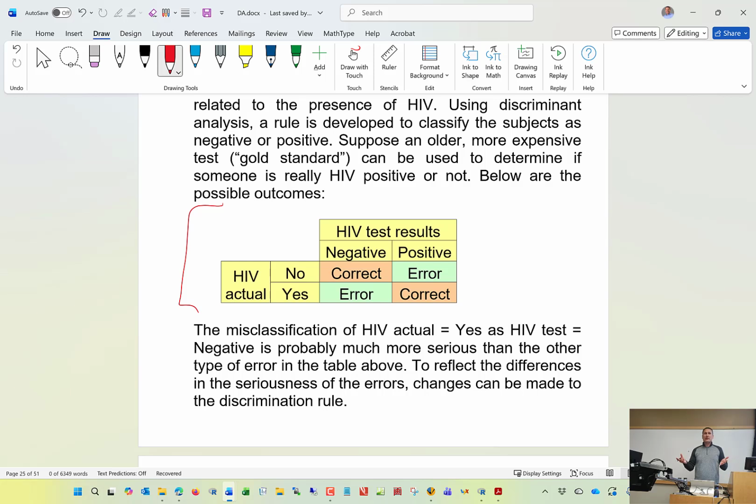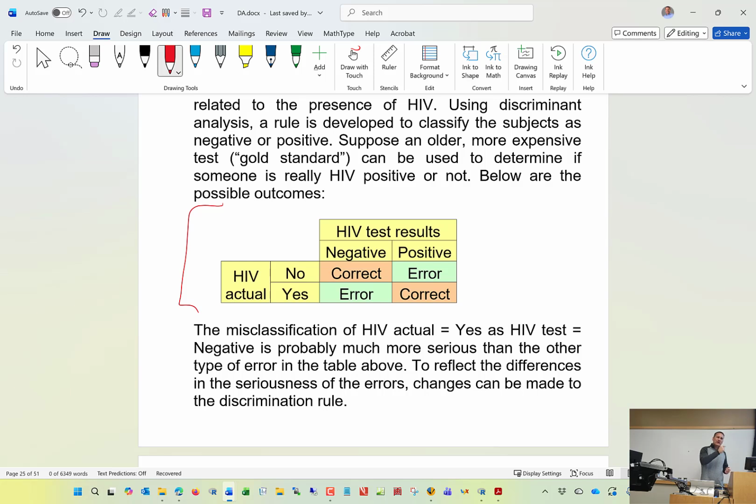diagnostic testing for an infectious disease. This is actually one of my research areas, and we'll do a simple HIV example here. Let's say for a set of people, you know whether or not they have HIV, and we'll say yes or no. Maybe you're testing out a new diagnostic method, a new kind of test, an RT-PCR kind of test, where you want to say, hey, does this work or not?